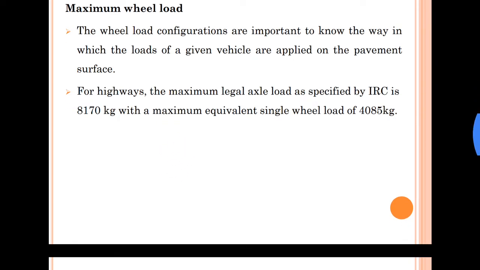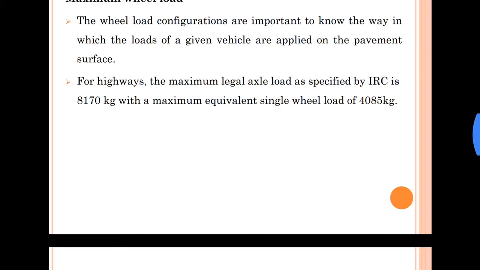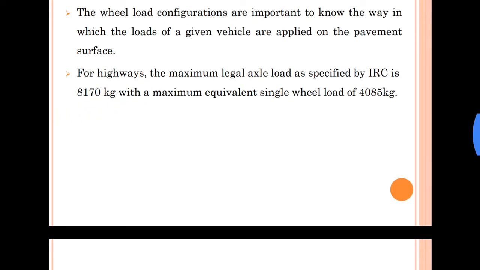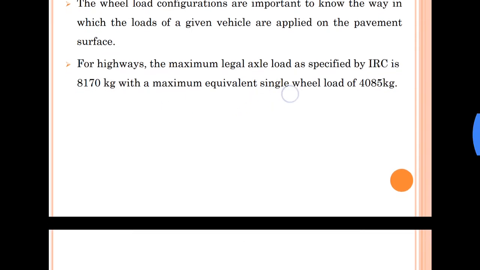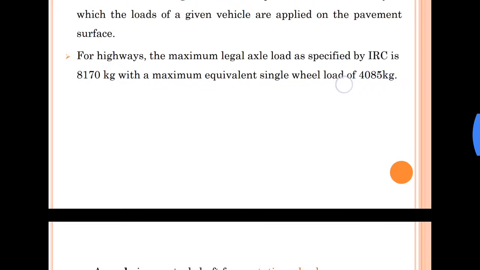For highways, the maximum legal axle load as specified by IRC is 8170 kg or 8.17 tons. So this is the maximum load that is to be considered to be transferred through a single axle. Converting it to a wheel, since two wheels are attached to a single axle, the maximum equivalent single wheel load is 4085 kg.